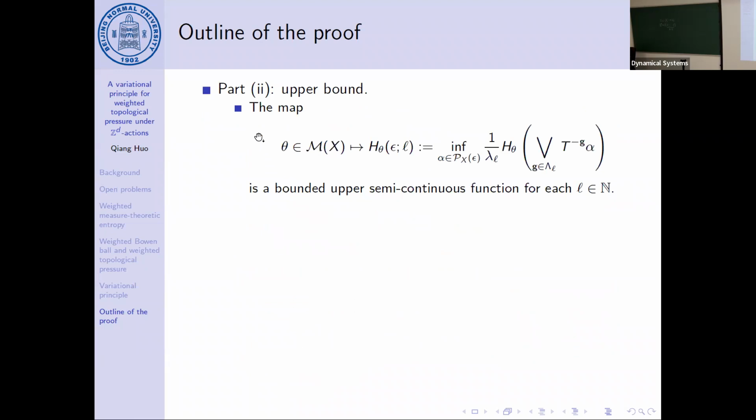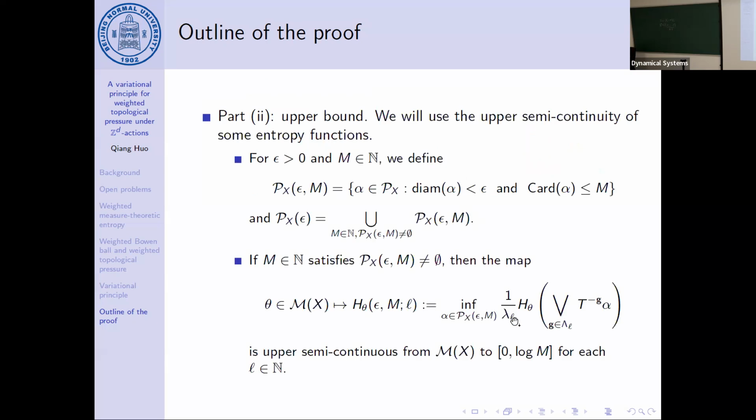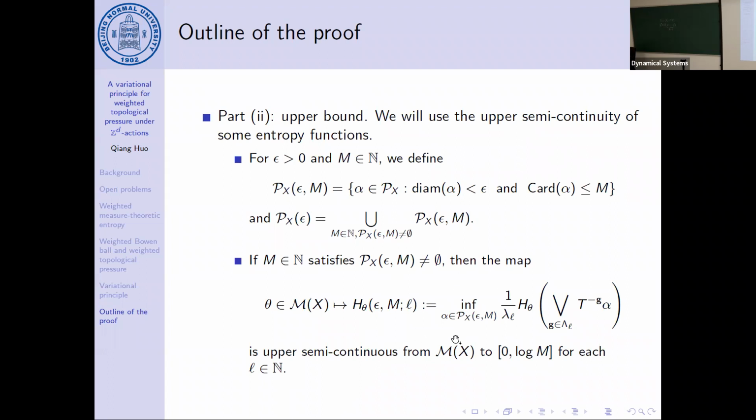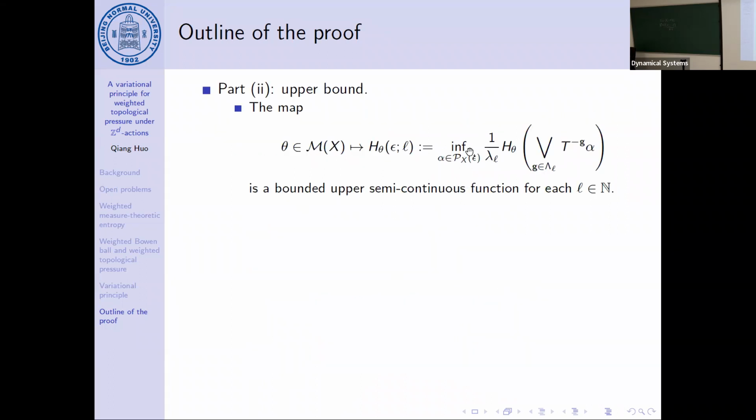And we have also investigated three kinds of entropy functions. This is the second. The difference from the former one is that here the infimum is taken over all epsilon partitions, not just the epsilon-m partitions. This is also upper semi-continuous, since if we have proved that this map is continuous, then the infimum over all m is also a semi-continuous function.